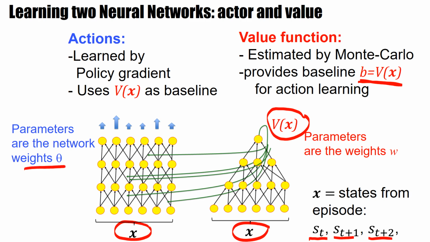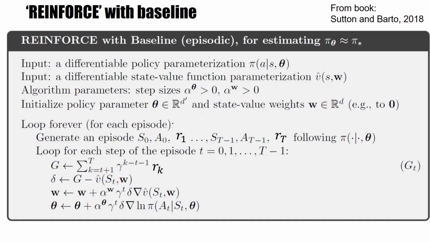This network has parameters theta, and the other network has parameters w. And if you do this now in this formal algorithmic fashion, you have the same kind of idea as before. The only difference is that we now always subtract from the return the estimated value, where the estimated value comes from the second network.